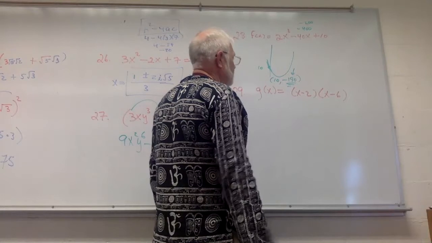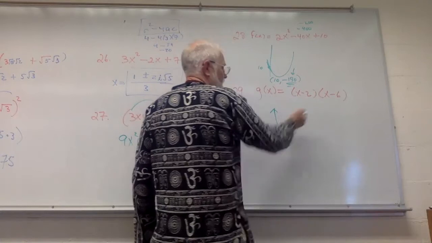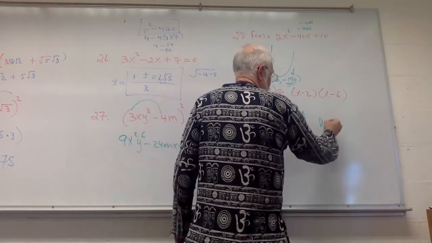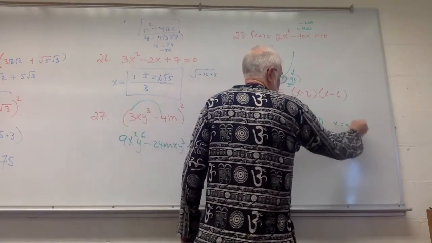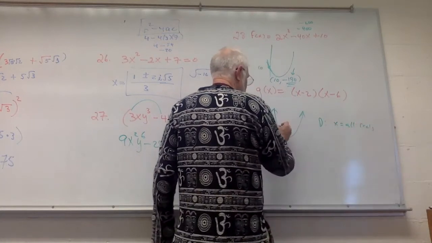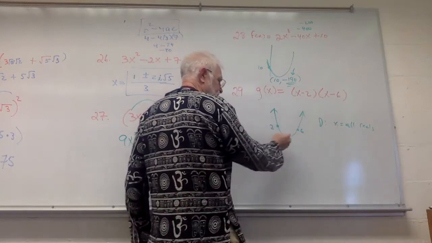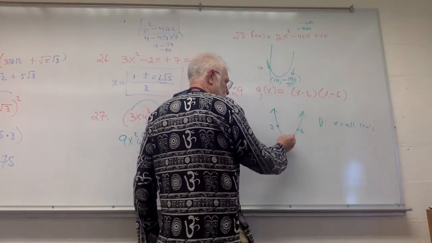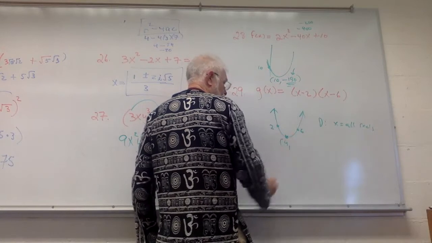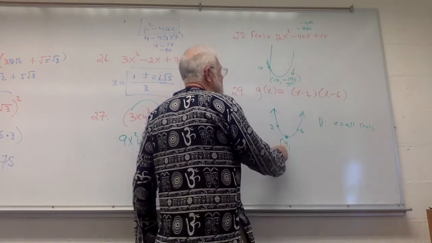What did I ask? Domain and range. Well, I see a cup shape up. So I can already see the domain is all reals. Domain is x equals all reals. What else do I see? I see a 2 over here. I see a 6 over here. That leads me to believe that that's a 4 right there. If I want the minimum, just like the last problem, I got to use this number.